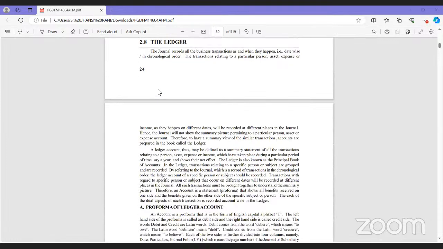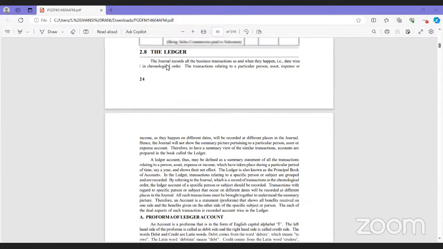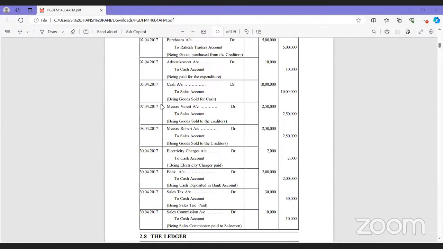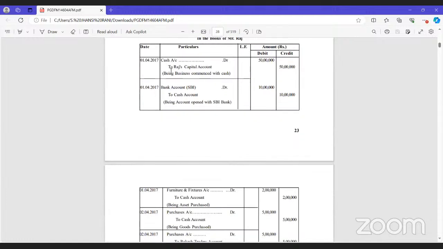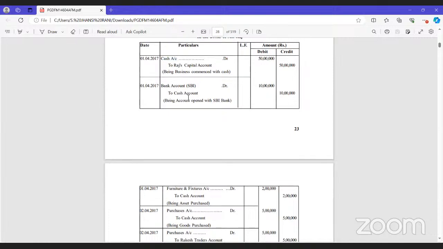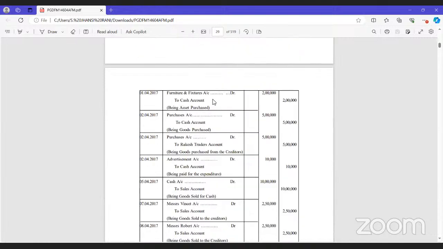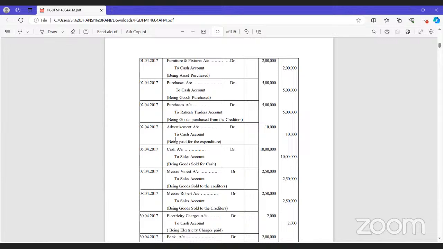So the next topic is ledger. Whatever entries we have written just now is all journal. For example, if you look at your cash, it is coming many times: in the first entry, whenever we are depositing cash into the bank, purchasing any asset, making any purchases, or incurring expenses like advertisements, salaries, wages.